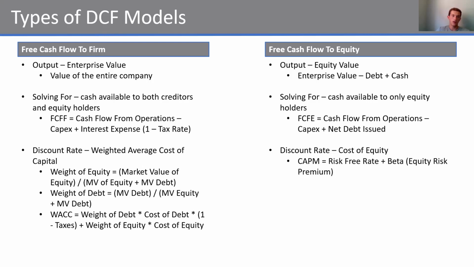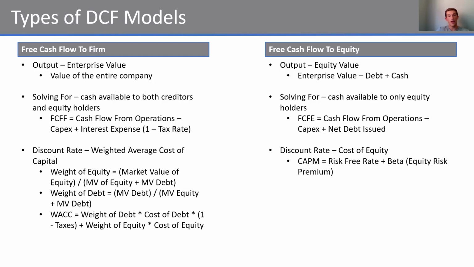It's deductible, so the cost of debt is actually lower than the interest rate. Then you'll take the weight of equity multiplied by the cost of equity to arrive at the total weighted average cost of capital, which you're using to discount the free cash flows to the firm back to the enterprise value.